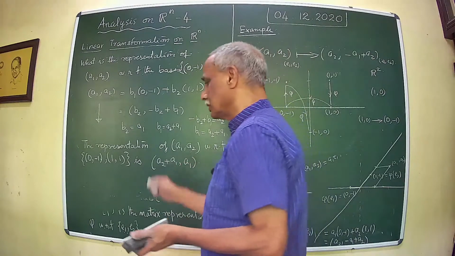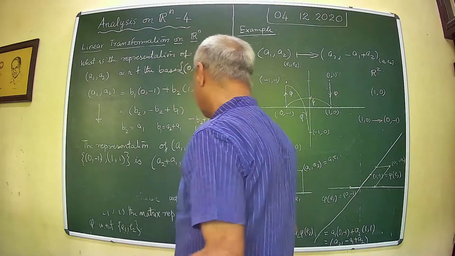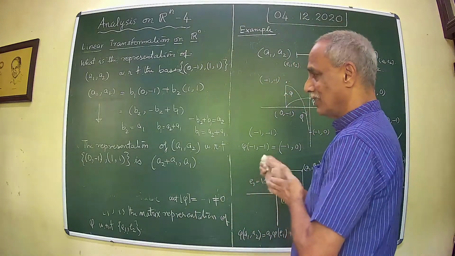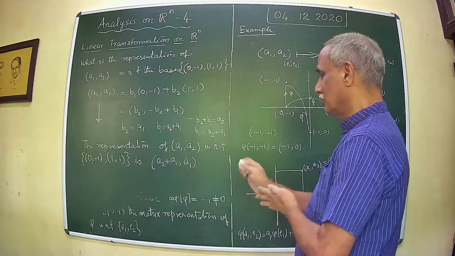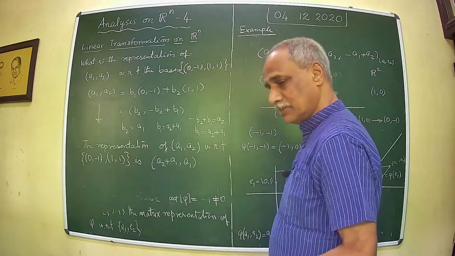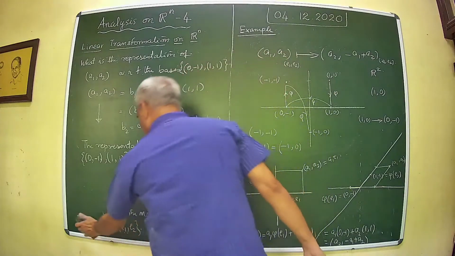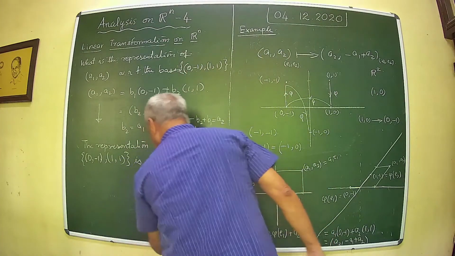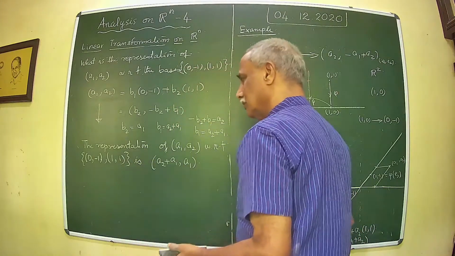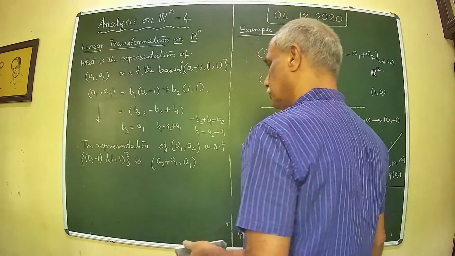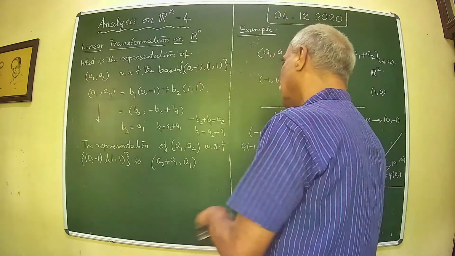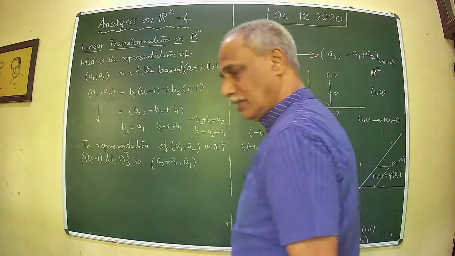So this is the representation. So the representation actually changes. Okay, right? This is the important aspect. So when you change the coordinate system, the representation that you have changes. So you use a different coordinate system, you get a different representation.